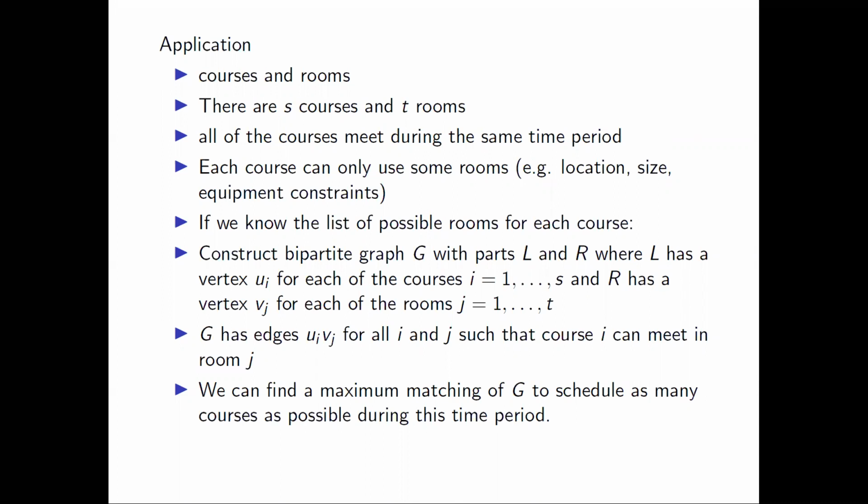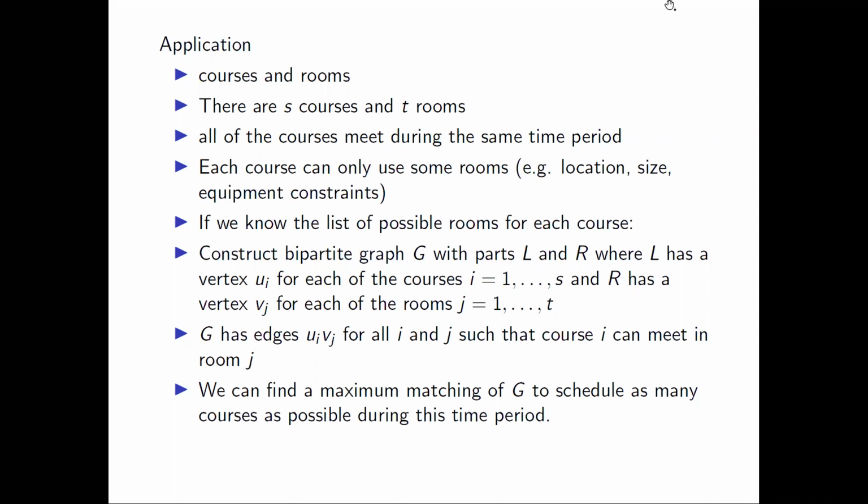So we talked about this application earlier, this application for bipartite matching, where we represent classes as one side of a bipartite graph, and we represent rooms as the other side. And then we find some way to schedule the classes in rooms that work for those classes. And this is a typical problem for maximum matching in a bipartite graph.